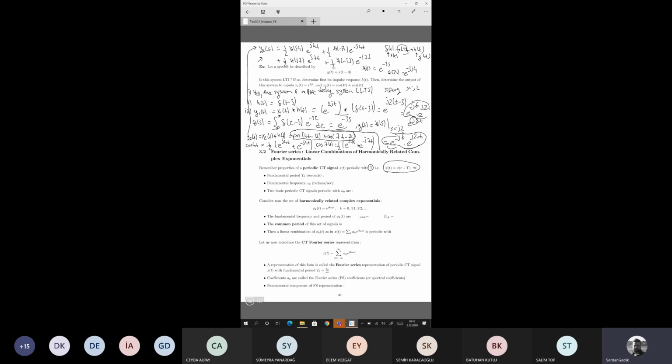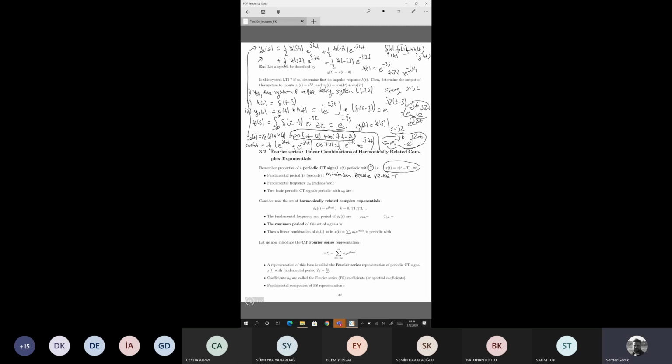And again, remember that the fundamental period T0 is nothing but the minimum positive period T. If a signal is periodic with T, it is also periodic with integer multiples of T. So the smallest of those periods, which is positive, is your fundamental period.